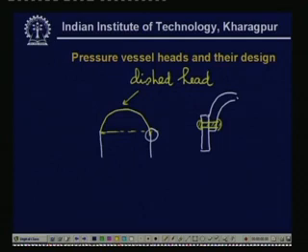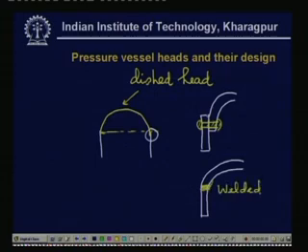Also, we sometimes have the integral disc head where this is welded, that is, here this is the cylinder and this is the disc head and we have sometimes welding over here. So, this is a welded joint. So, these are the usual disc heads.